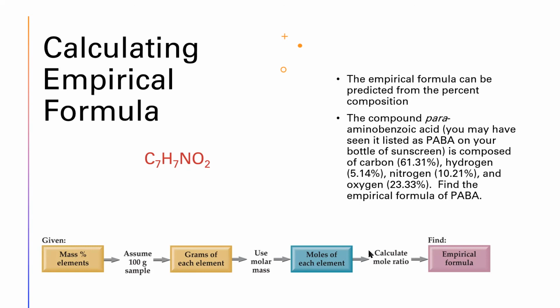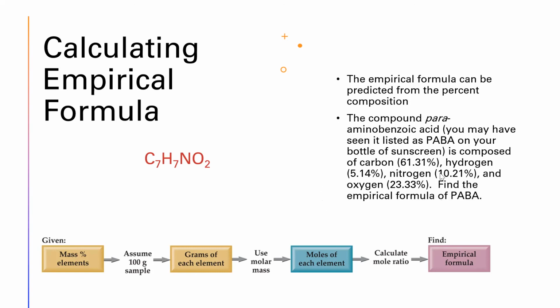How do we calculate the mole ratio? To calculate the mole ratio, we use the smallest mole as the divider. And then we will get the empirical formula from each component.